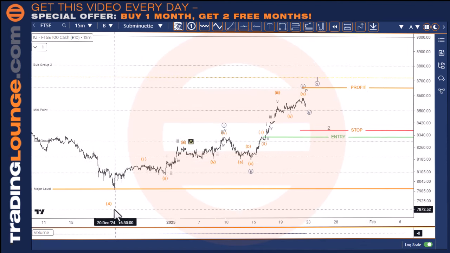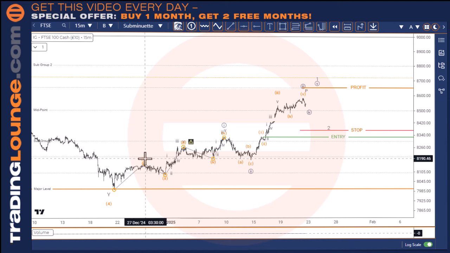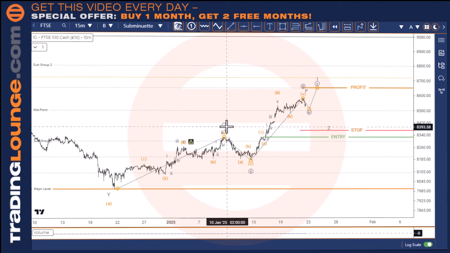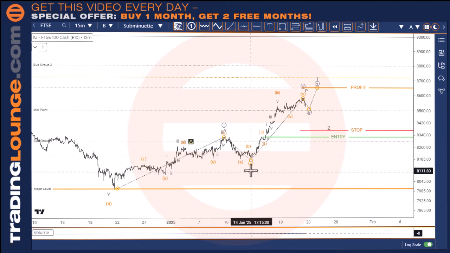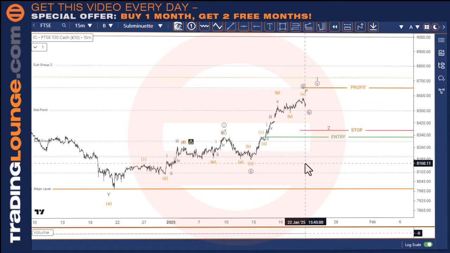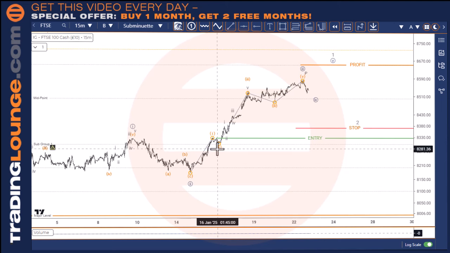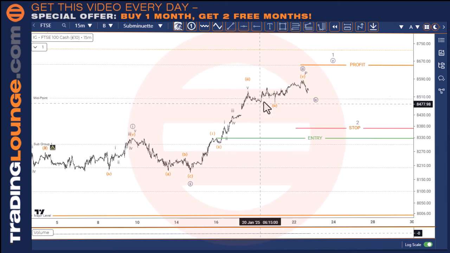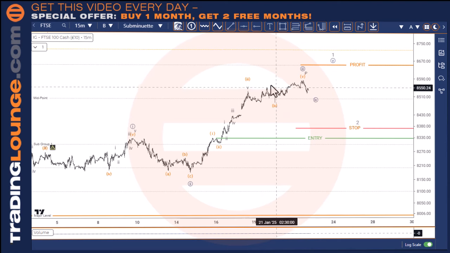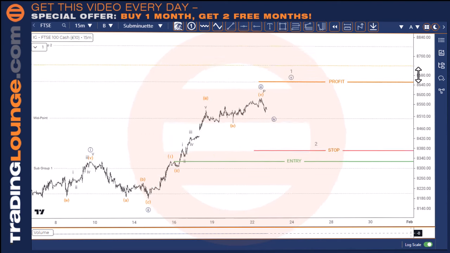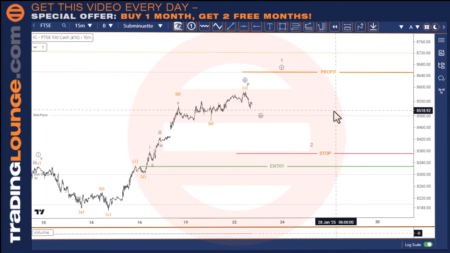So from this wave 4 low, we're looking at 1, 2, 3, 4, 5 up here for 1 and 2 here. And we've had this strong move up here. So I've counted up here as 5 waves. I think it's okay. It's pretty dodgy in here, but no more dodgy than whatever.